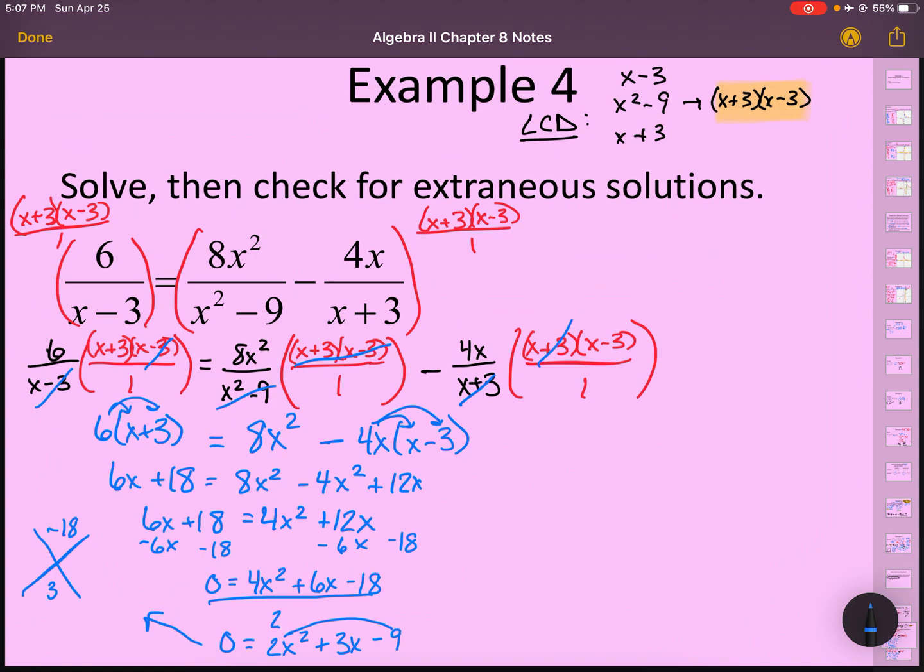And the factors of 18 that can add to 3 are 6 and 3, because we need the negative on the 3. And we started out with a 2 as our a, which can be divided by 2 and made into x over 3 on this side, and 2x minus 3 over here. So x plus 3 and 2x minus 3 equals 0.